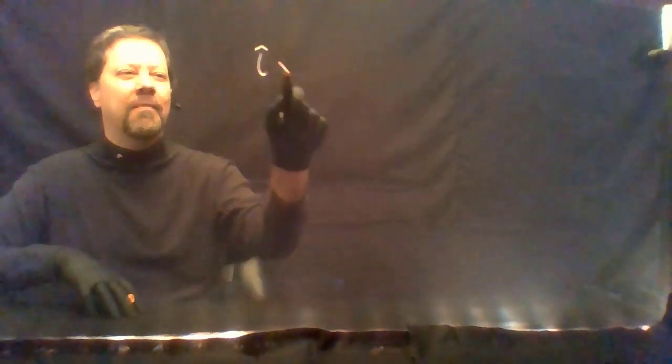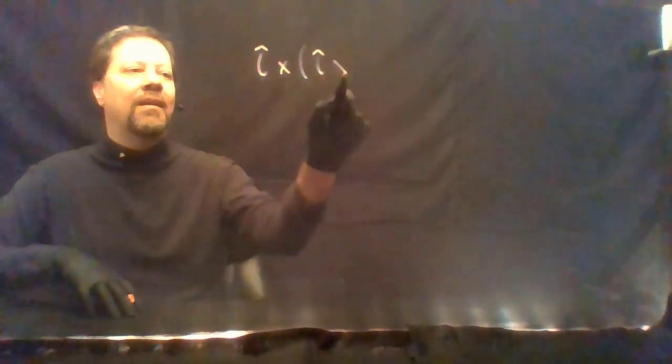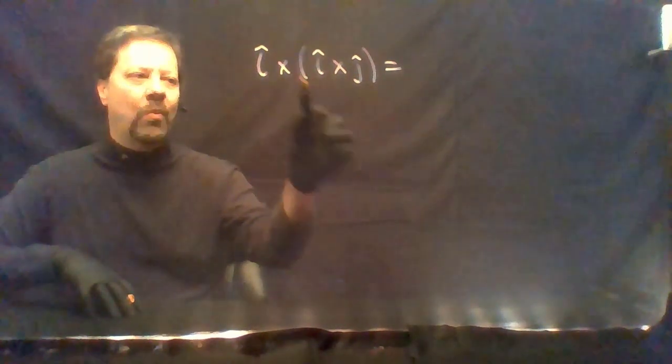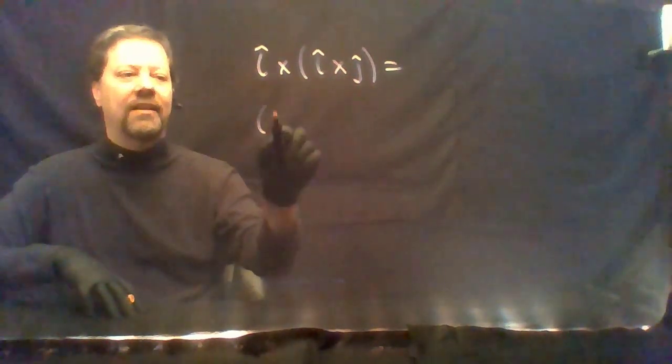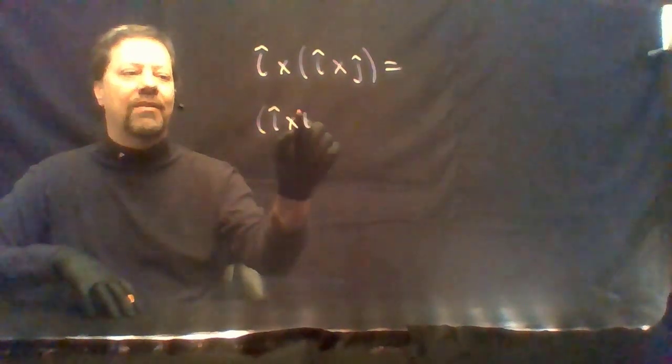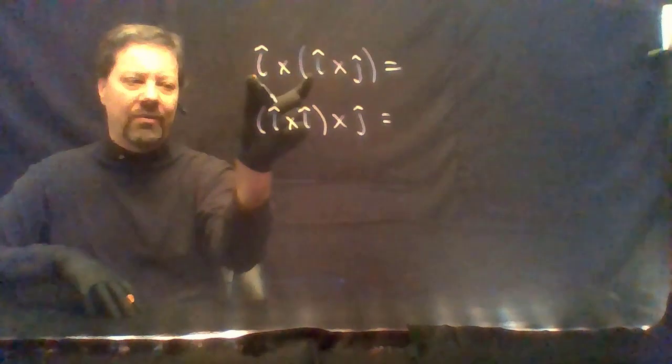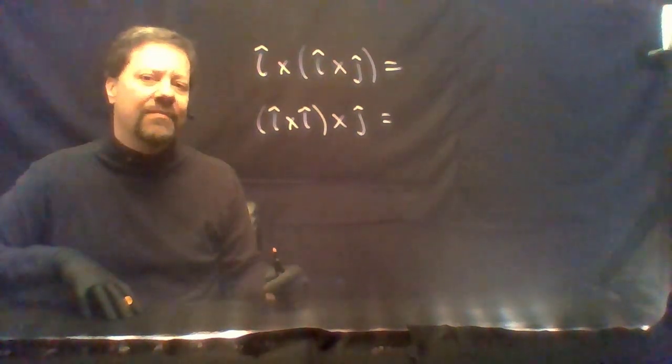Now there is something to caution you about with respect to the cross product, and that is, it's not associative. To see this, I want you to look at some examples here. We'll do i cross the quantity i cross j and compare that to the quantity i cross i, cross j, just a reassociation of the same factors.